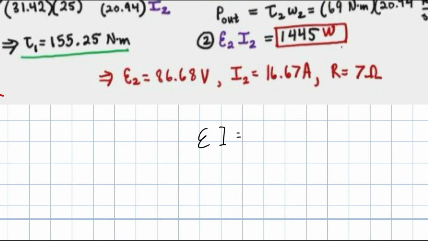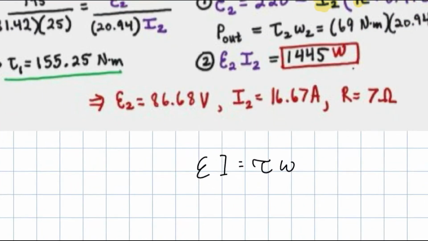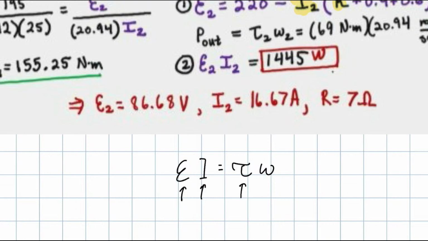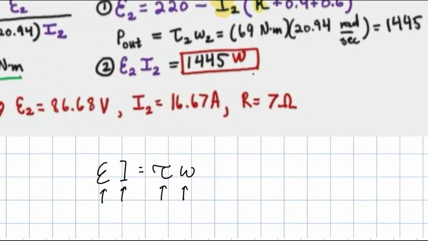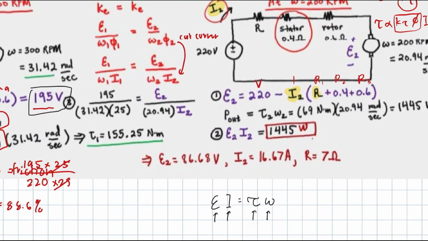EI equals to torque times W. Betul. Okay. So E tak tahu, I tak tahu, T here, W here. Where did you find torque?